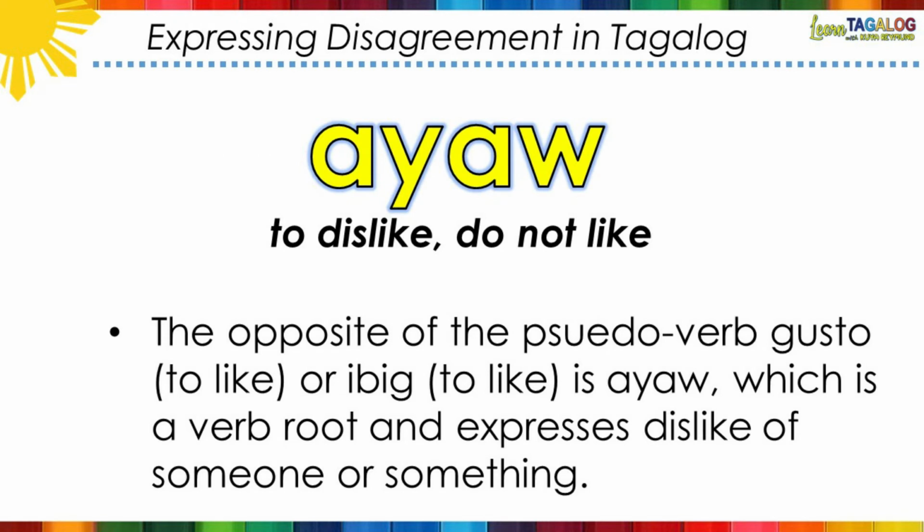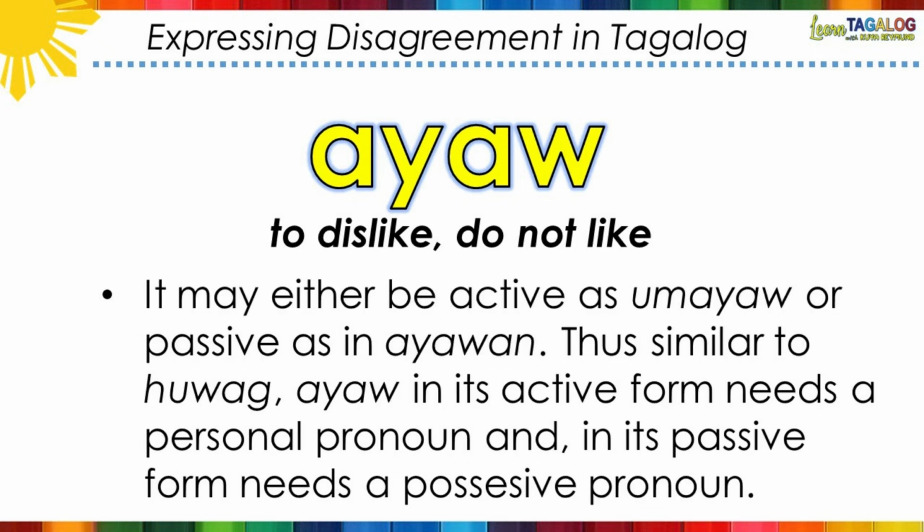We also have the word ayaw, which means to dislike or do not like. The opposite of the pseudo verb gusto, which means to like, or ibig, which also means to like, is ayaw, which is a verb root and expresses dislike of someone or something. Moreover, it may either be active as umayaw or passive as in ayawan.